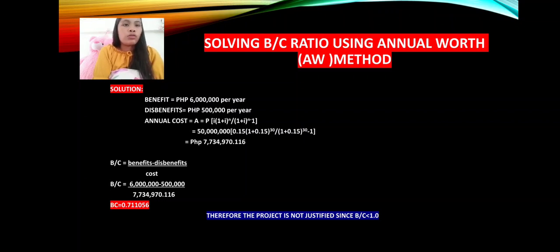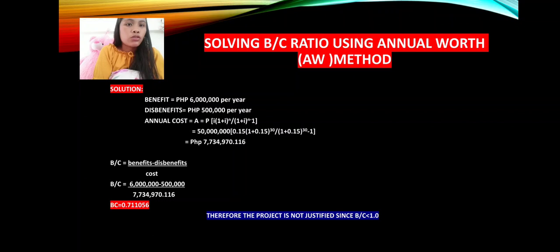Solving the BC ratio using the annual worth method. Solution. Benefit is equals to 6 million per year. Disbenefit is equals to 500,000 per year. Annual cost is equals to P times i(1 plus i) raised to n divided by (1 plus i) raised to n minus 1.